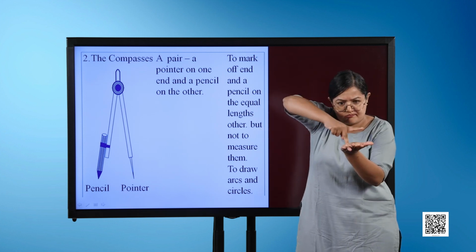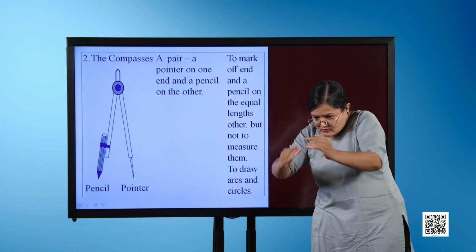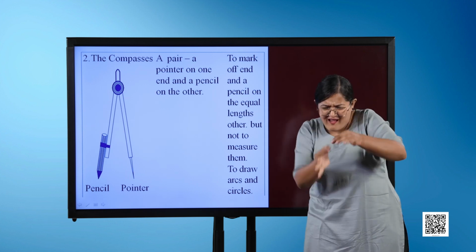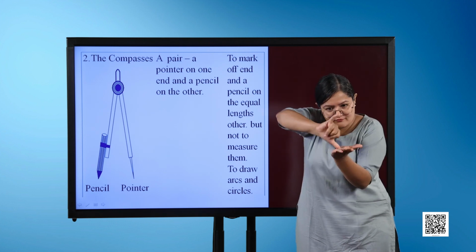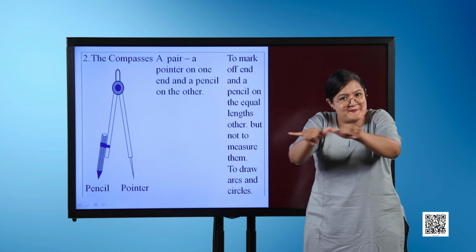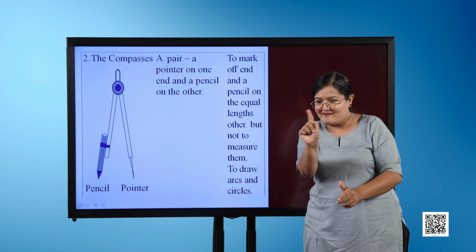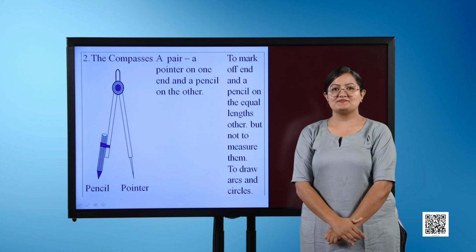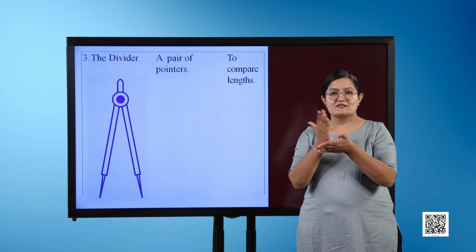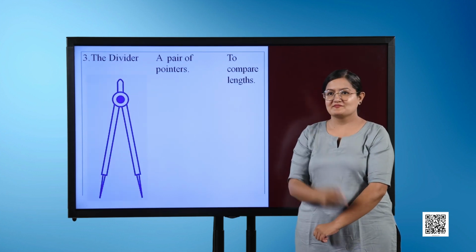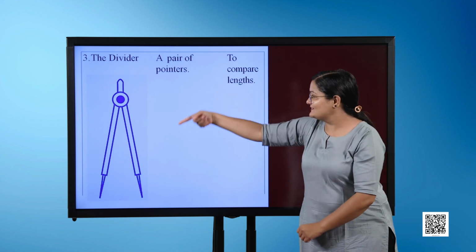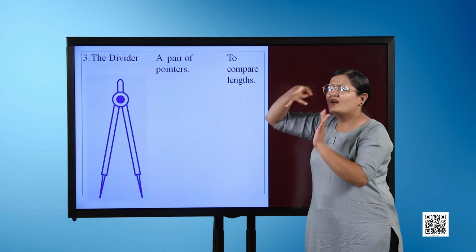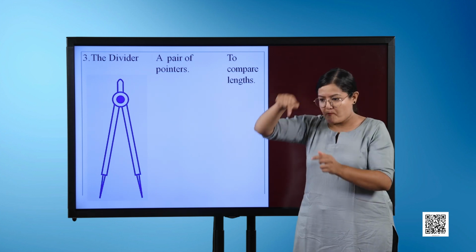To draw arcs and circles. Page 275. 3. The divider. A pair of pointers to compare lengths.